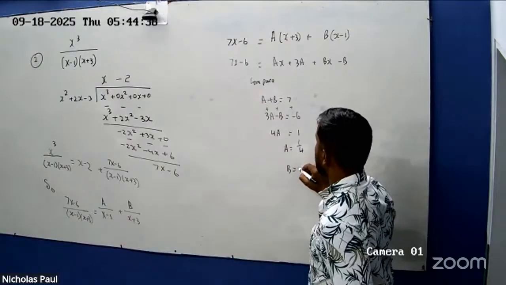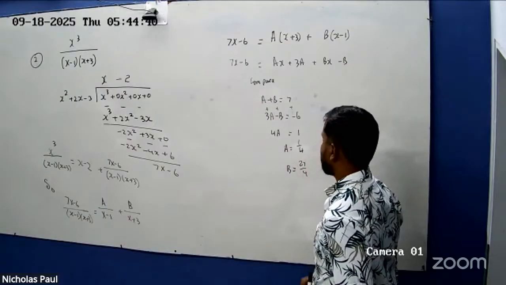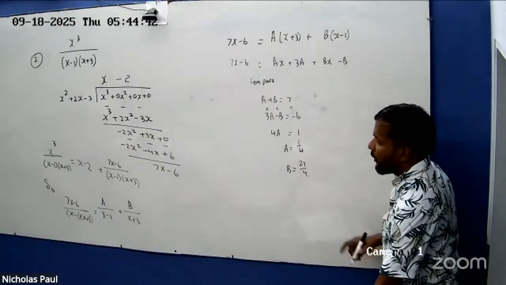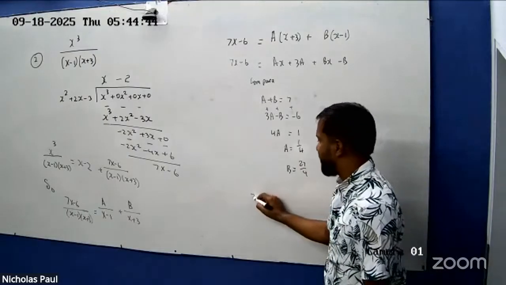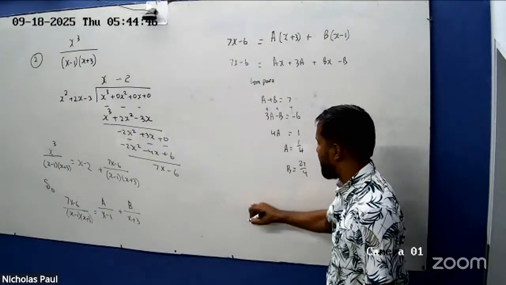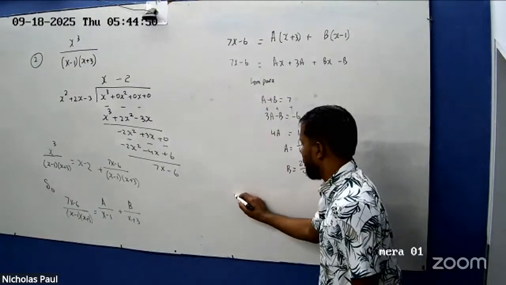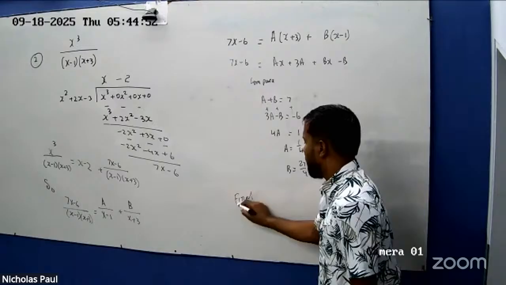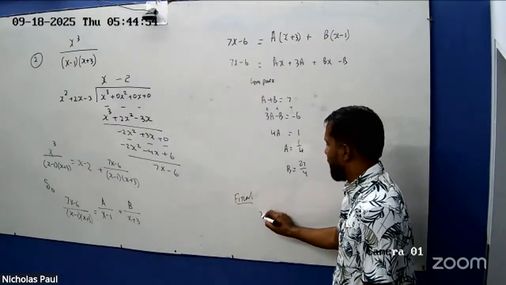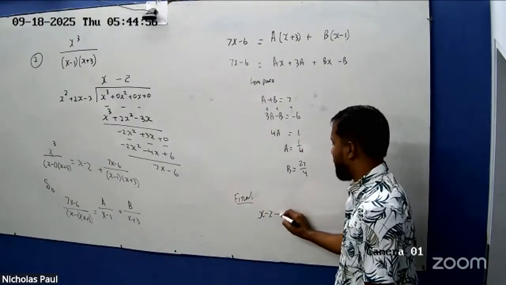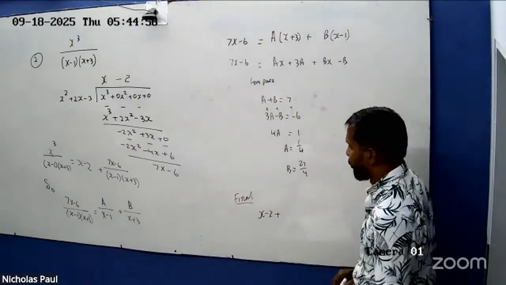And B will be what? 27 over 4. That kind of leaves one. Right. So your final answer is x minus 2 plus A. So do write a quarter on top.